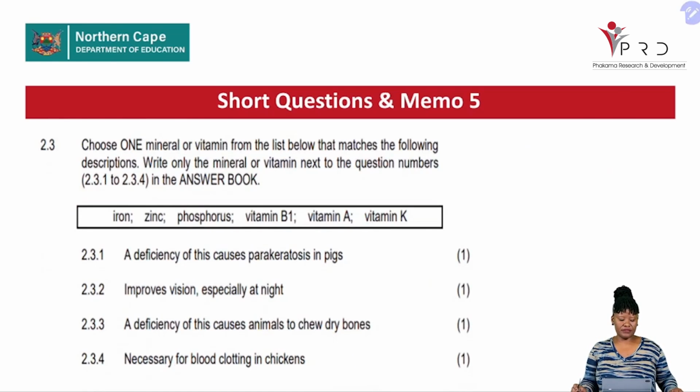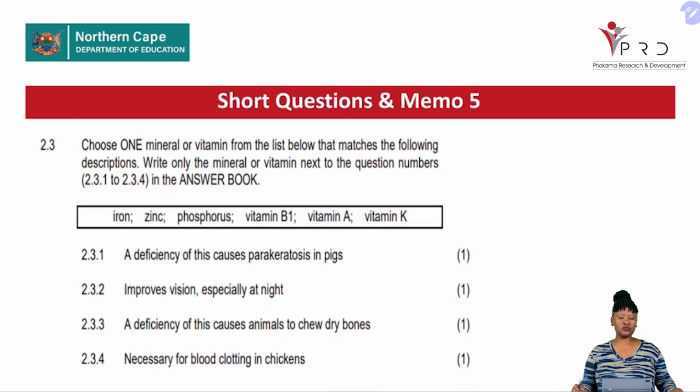The other activity. Choose one mineral or vitamin from the list below that matches the following descriptions. Write only the mineral or vitamin next to the question number. You are given question numbers 231 to 234, and you are given the minerals and vitamins.